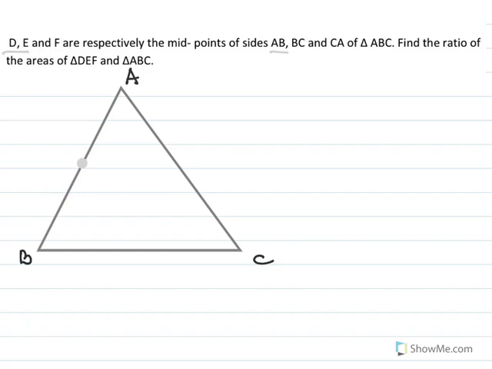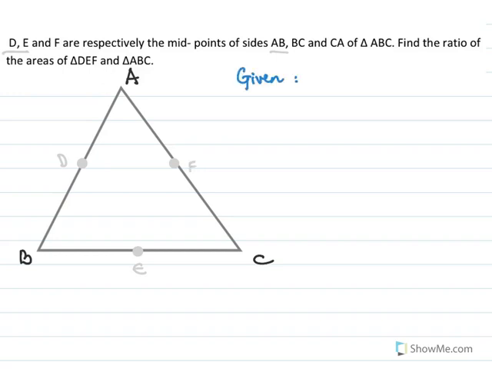Then E is the midpoint of BC, so we mark that here, that is our E. And then F is the midpoint out here. So these are our midpoints.